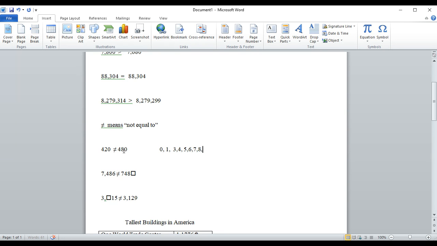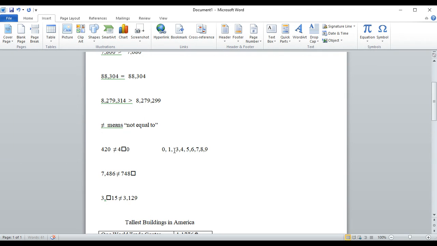And then I have the last digit, the 9, to try. 420 is not equal to 490. That is correct. So I can put 9 over there. So we could say that in this box right here, all the digits that would make this number sentence true would be 0, 1, 3, 4, 5, 6, 7, 8, and 9.